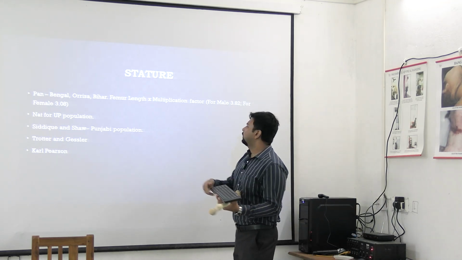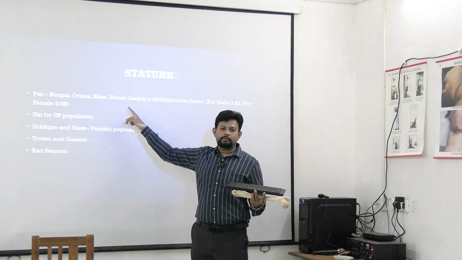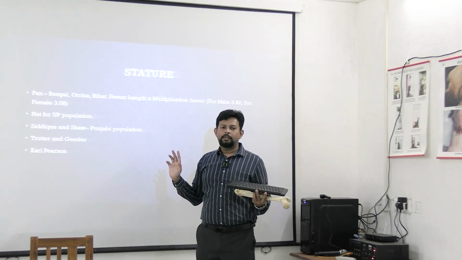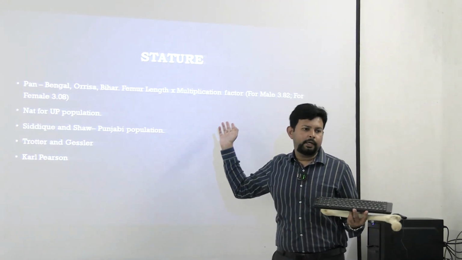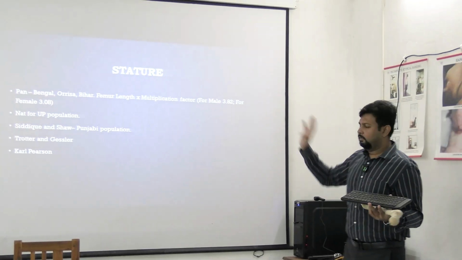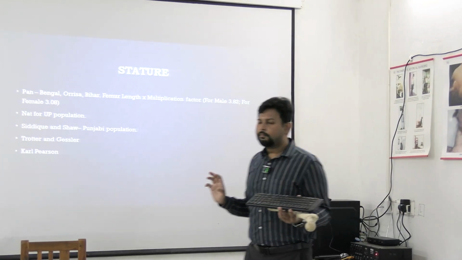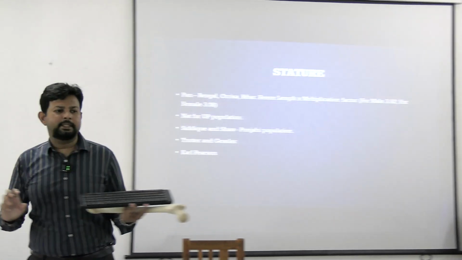We are just interested in the multiplication factor. First we will measure the bone by putting it in the osteometric board, and then we multiply it. For males it will be 3.82 and for females it will be 3.08. So this is the multiplication factor from which we can estimate the stature.